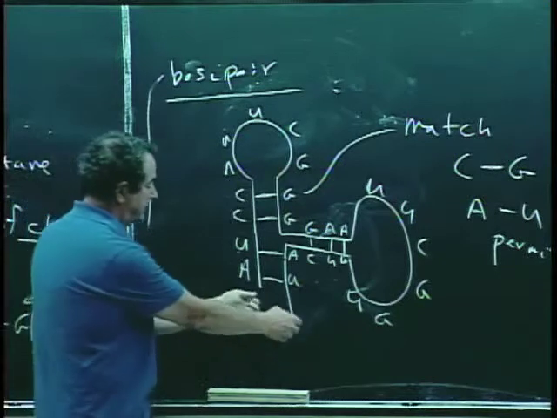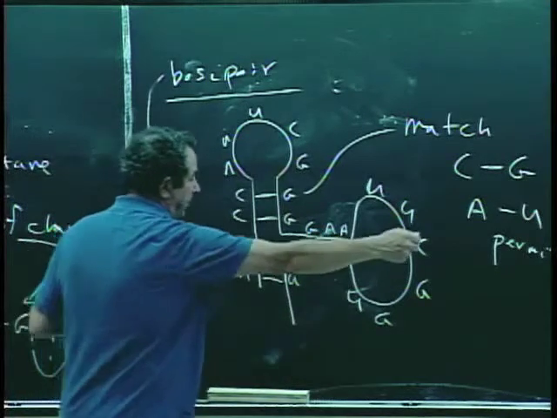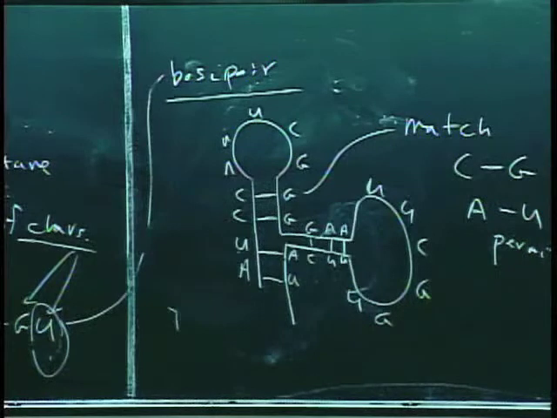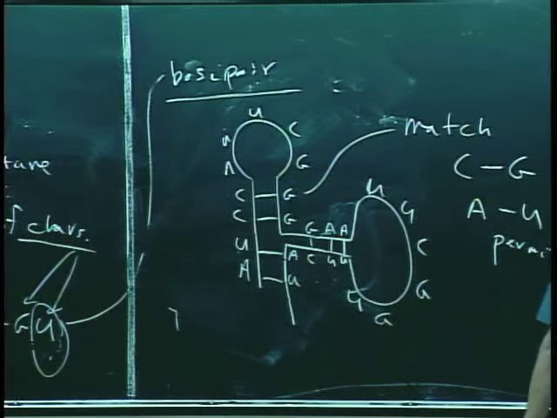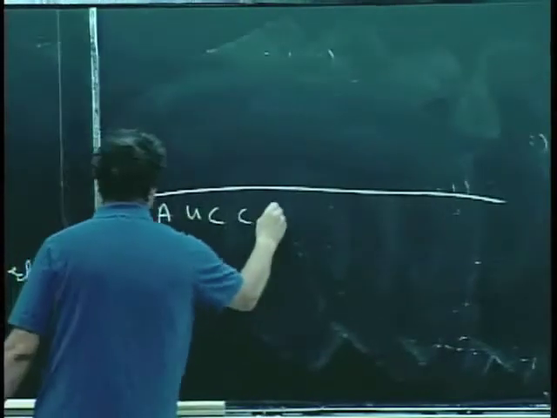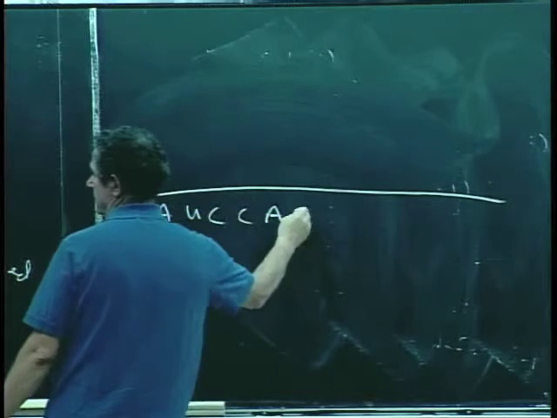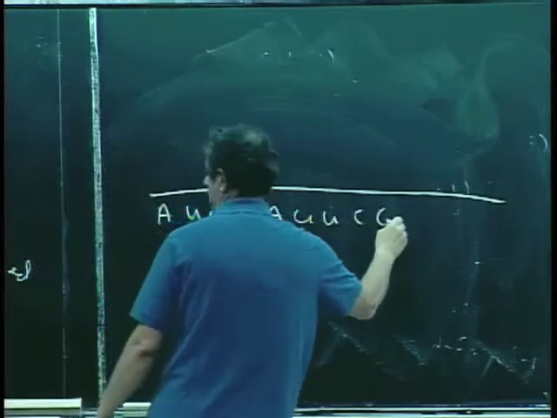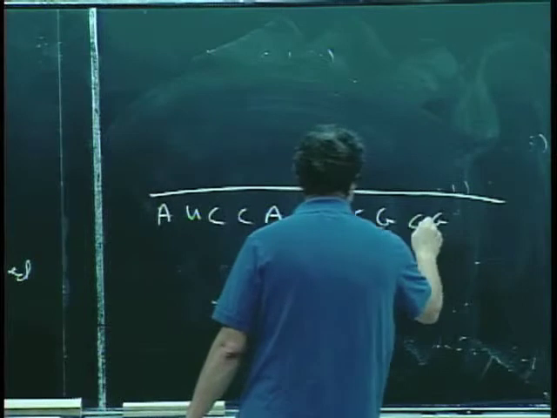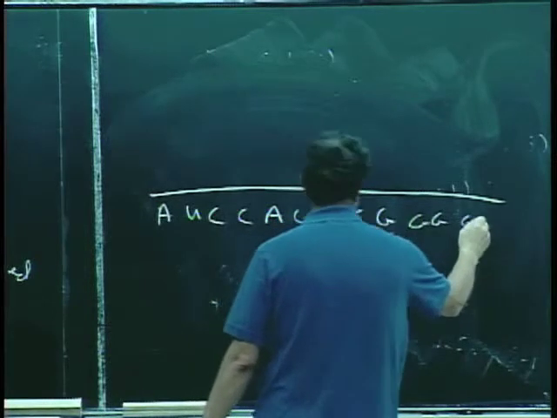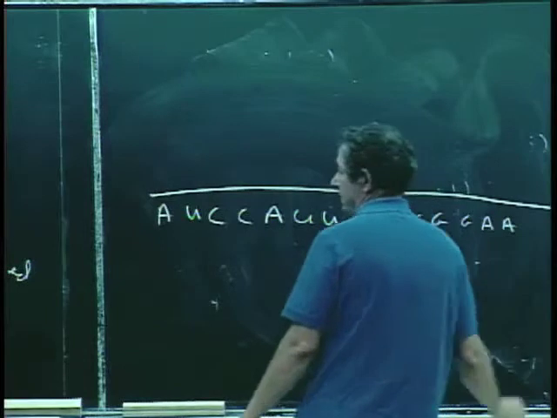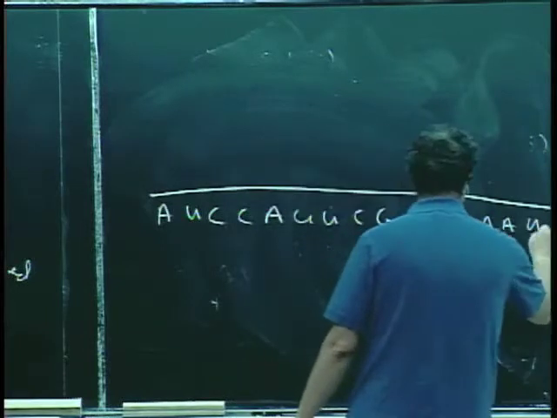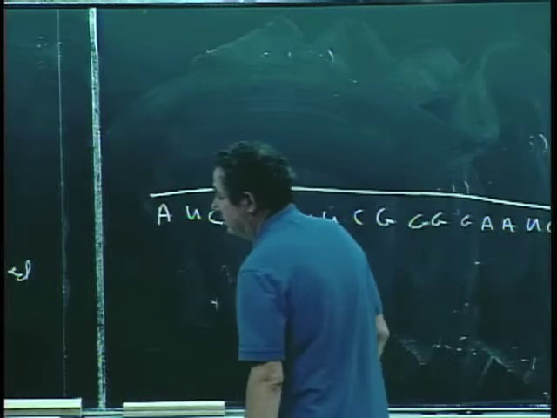If you now were to consider just taking these two ends and pulling them apart on a line, then, let me just see if I can write this. A-U-C-C-A, U-U-C-G, G-G-G, why did I make this so big? A, U-C-G, U-C-G, G-U.